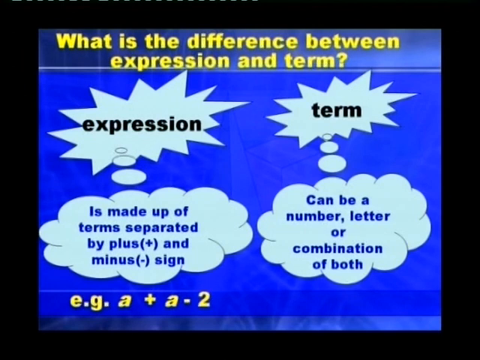So that's what a term is. Let us look at an example of what a term is. A is an example of a term. 2A, 3A is an example of a term. And 2 is an example of a term.